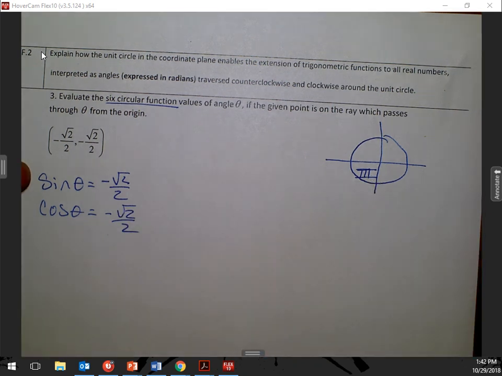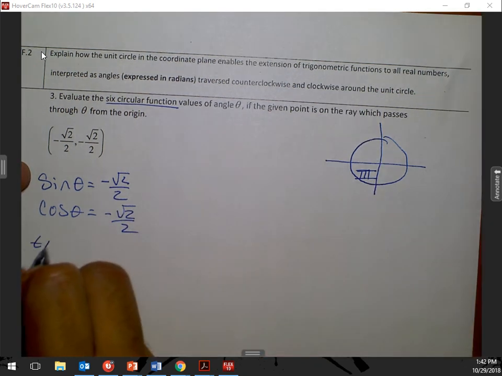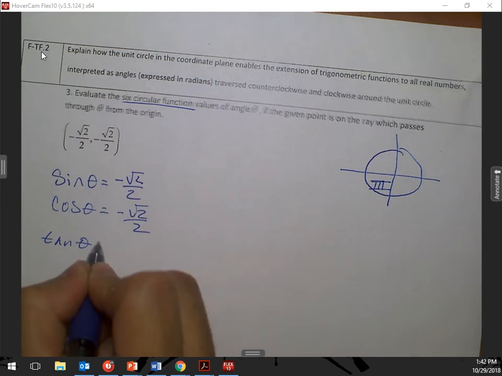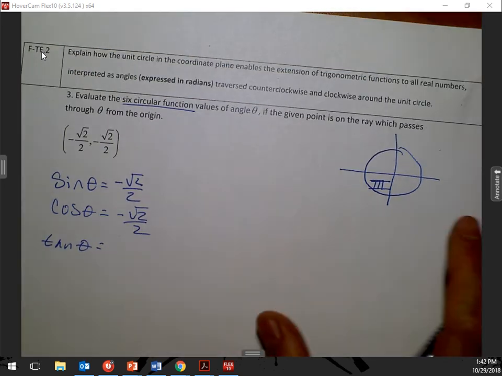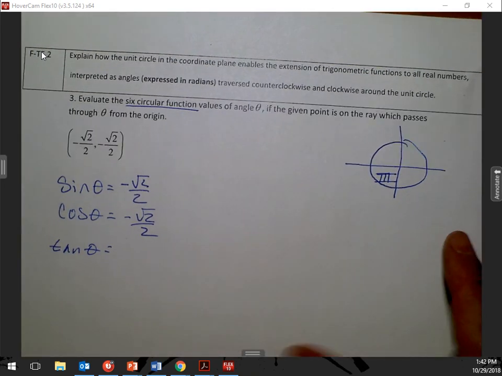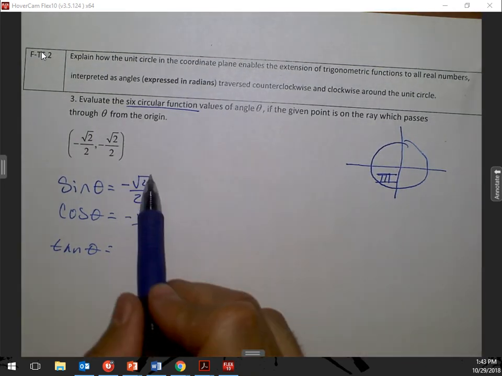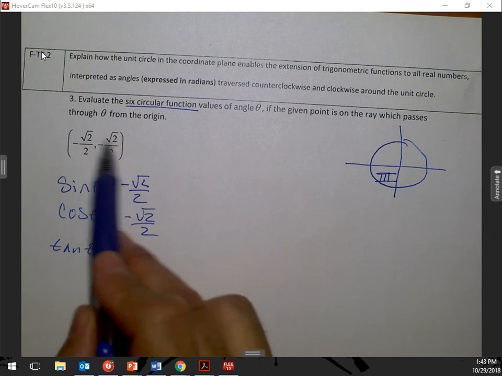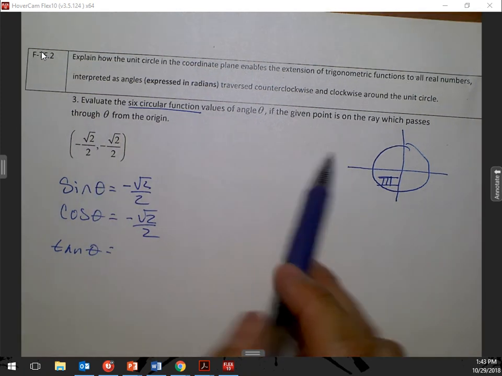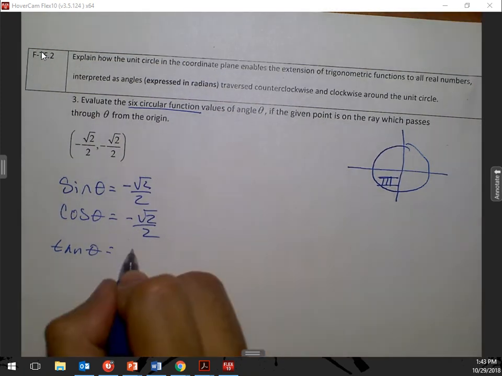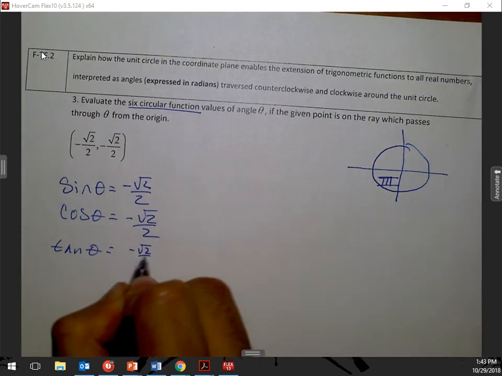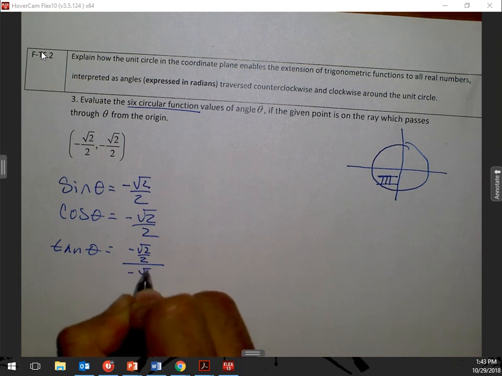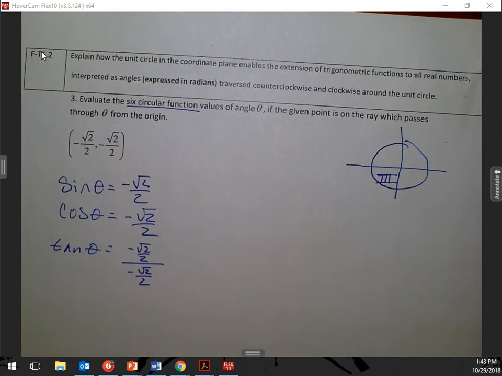Now the next thing is going to be tangent. Now, tangent's what over what? Y over X. Okay, the y over the x. Negative rad 2 over 2 divided by negative rad 2 over 2. 1.